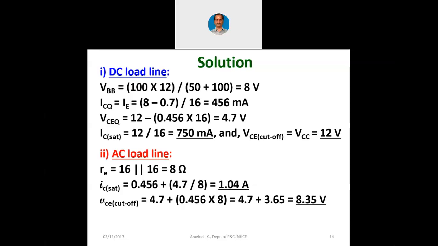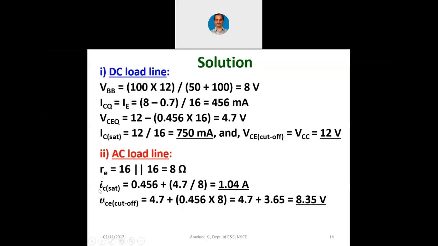So we use similar symbols at many places, but the symbols will have meanings with reference to the context of that particular discussion. So that way the small re is the dynamic resistance at the emitter. Why do I say dynamic? Because with respect to AC we are finding it out. So that is capital RE in parallel with capital RL, that is 8 ohms.